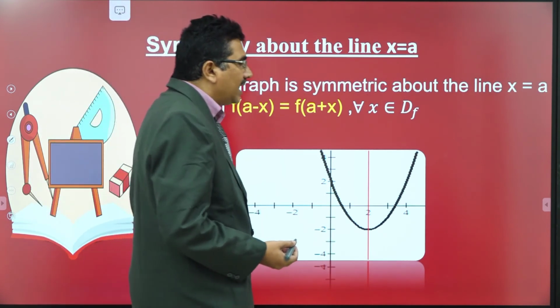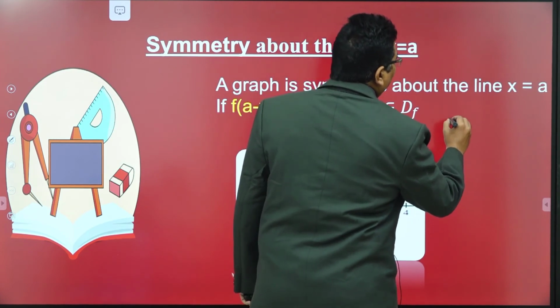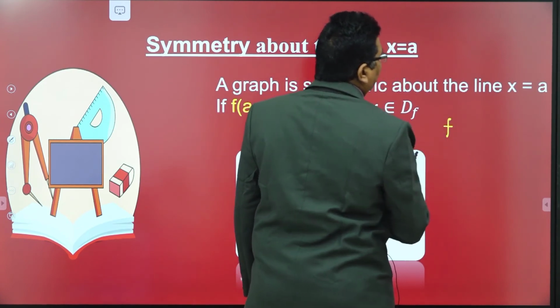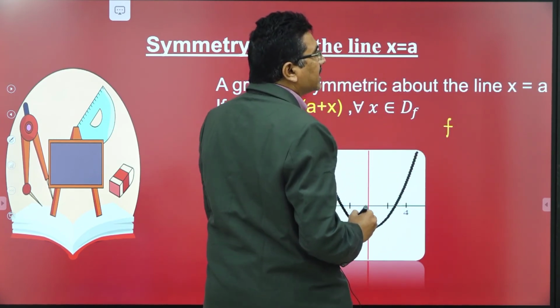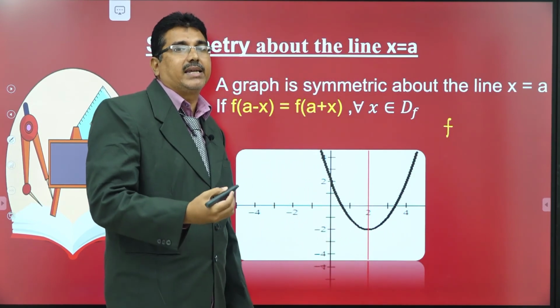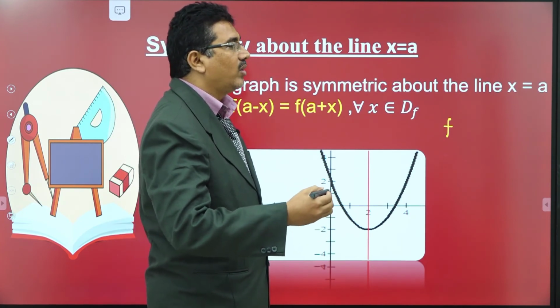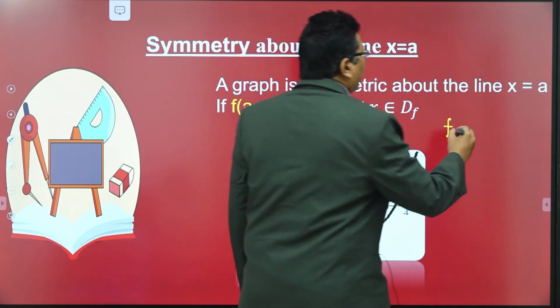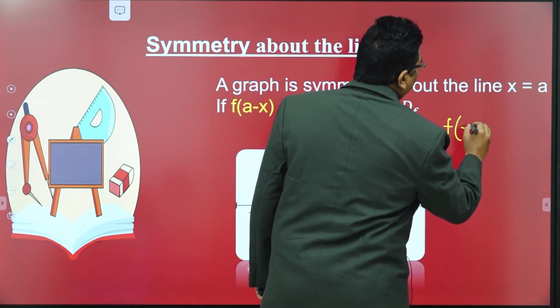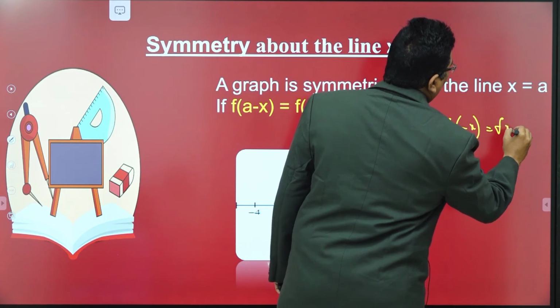In the case of an even function, the graph is symmetric about the y-axis, which means symmetric about the line x equals 0. The definition of an even function is f(minus x) equals f(x).